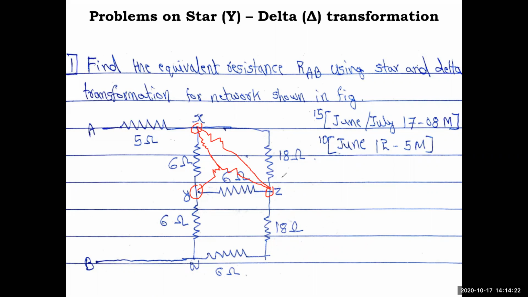So this complexity is removed, and then you can easily do the series-parallel transformation. As we did in source transformation and source shifting, the first step is applying star delta, and the next step is applying series-parallel. But in the first step we could not apply series-parallel, which is why star delta is necessary. We'll try to see this in the next slide.